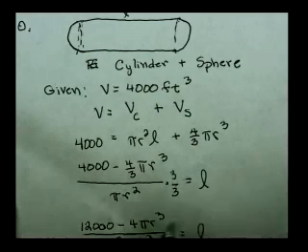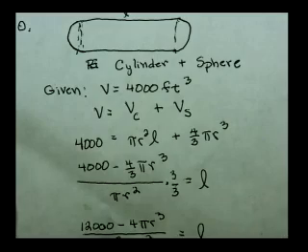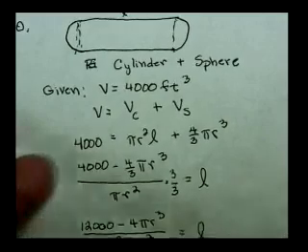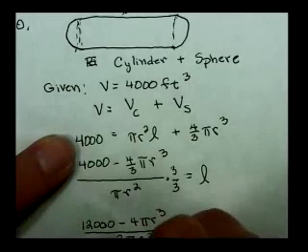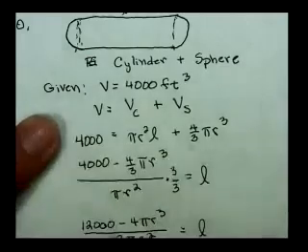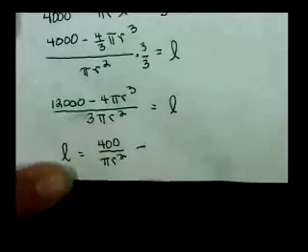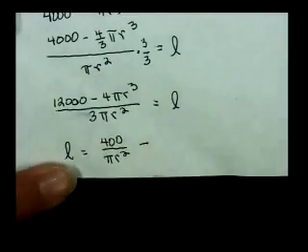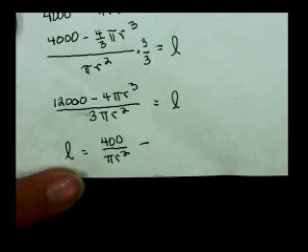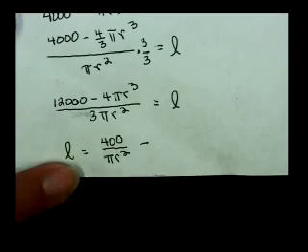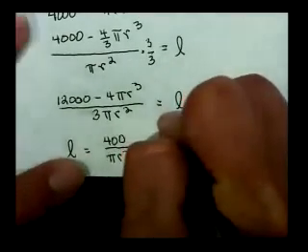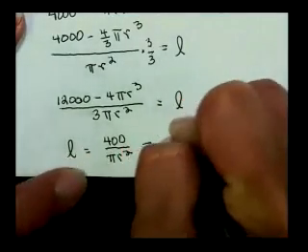And then if you break that up into two fractions and simplify it, the 12,000 over 3 pi r squared would simplify to 400 over pi r squared. And then the second term would simplify to 4/3 r. 4 r over 3, that's the same thing.